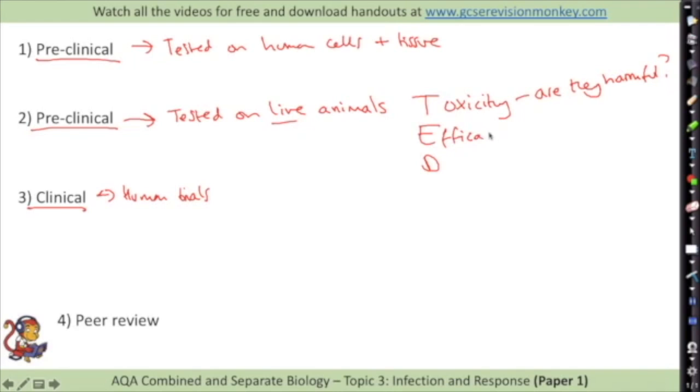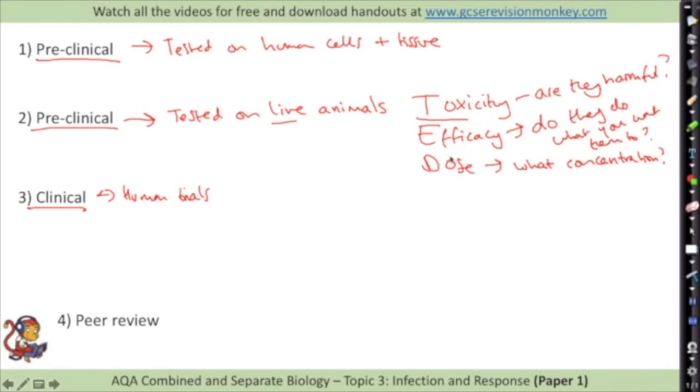Efficacy. Do they do their job? Are they doing what you want them to do? And the final one, dose. What concentration do you need to use for it to be effective? Okay, so toxicity, efficacy, and dose.